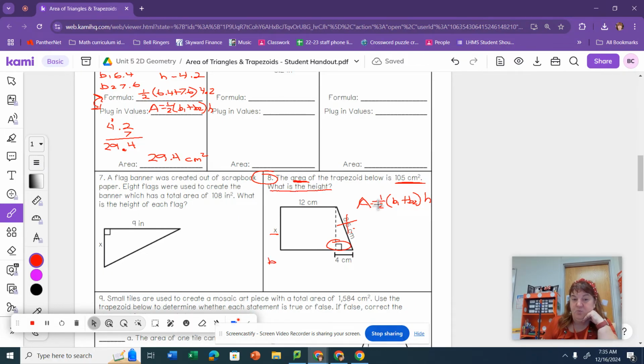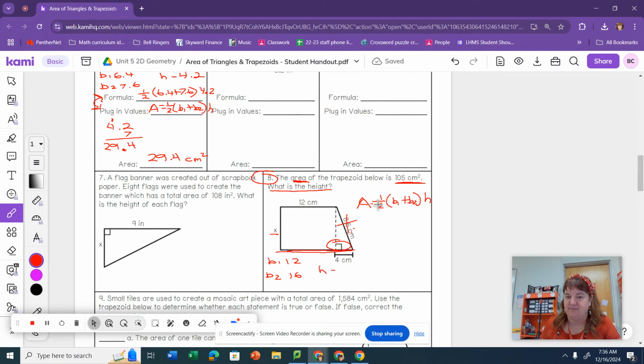Okay, so our B1 is 12. Our B2 is not 4. Boy, they got really tricky on this one. You have to do the whole base. So 12 plus 4. What is 12 plus 4? 16. This was a tricky one. I'm glad I'm walking you through it. Now let's just plug in our values because we've labeled everything.